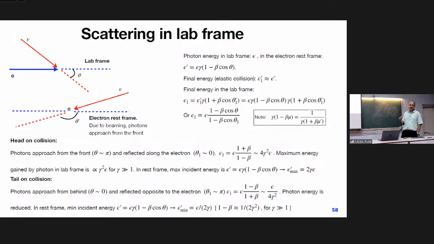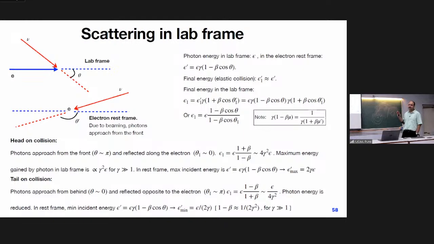So to do this, first you have to boost to the electron rest frame, do the scattering, and deboost from the electron rest frame to the lab frame. This boosting and deboosting itself now gives you this additional term. So you boost to the electron rest frame, assume there is an elastic collision, then come back to the lab frame. You will find that the energy of the photon has changed.